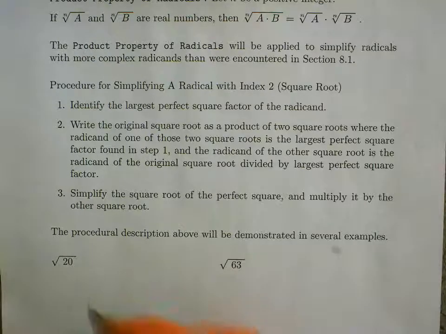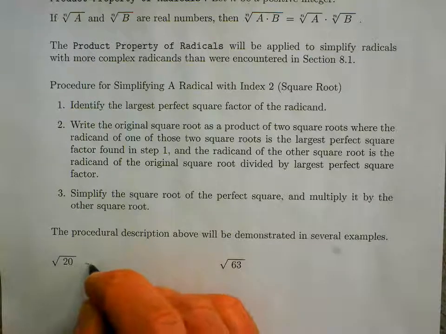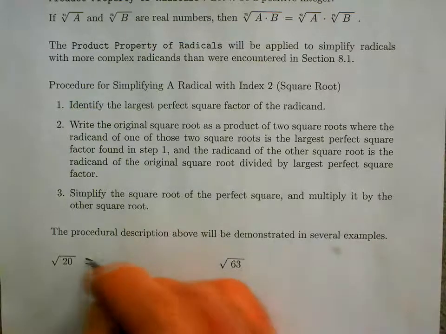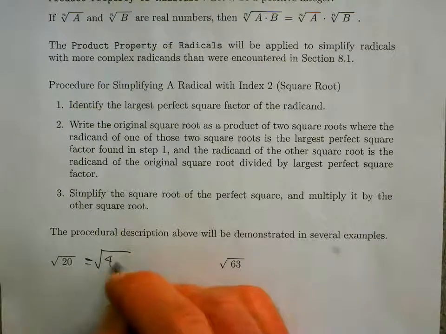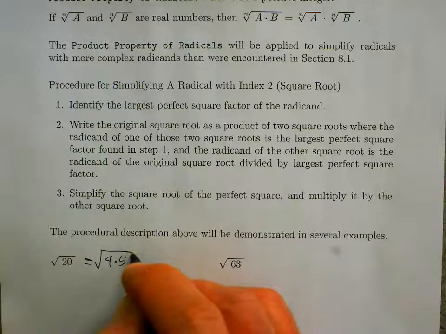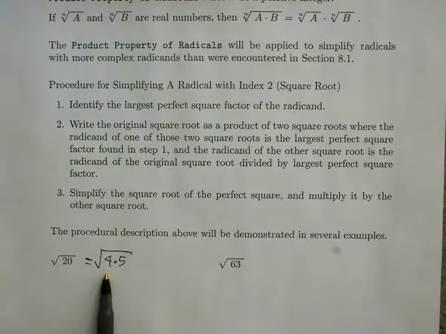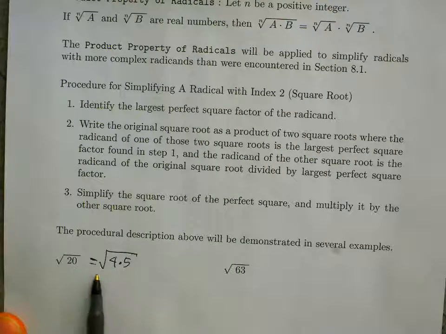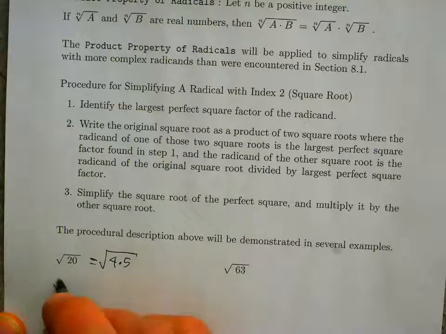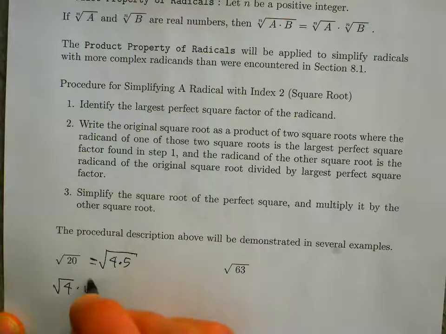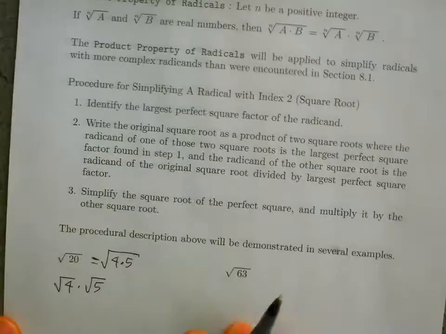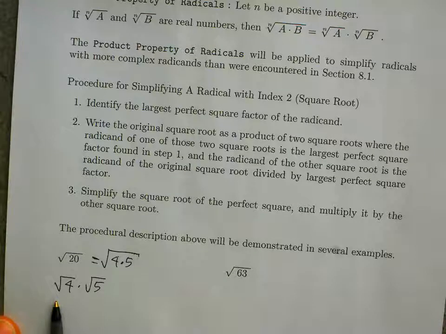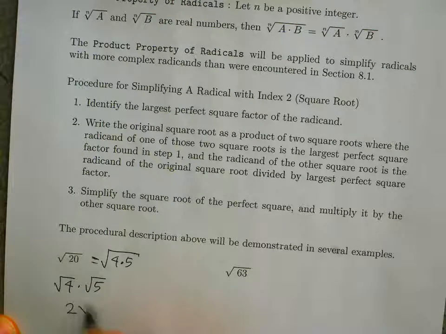So what we do is we rewrite the square root of 20 as the square root of 4 times 5. So 4 is the largest perfect square factor of 20. And then use the product property of radicals. The square root of 4 times 5 is the square root of 4 times the square root of 5. And then we simplify the square root of 4 to 2. The square root of 4 is 2, so our simplified answer is 2 times the square root of 5.